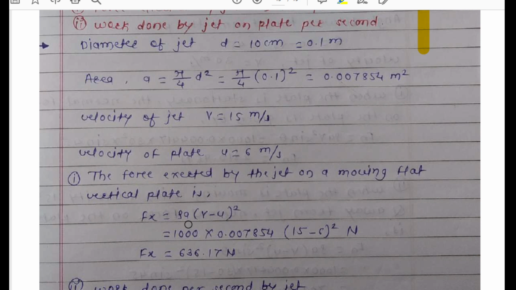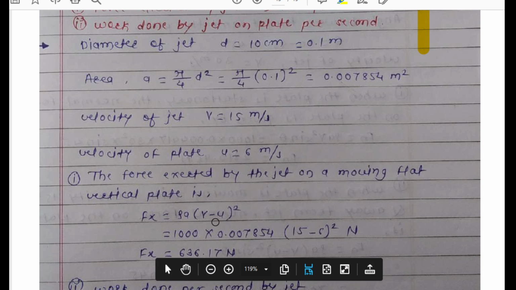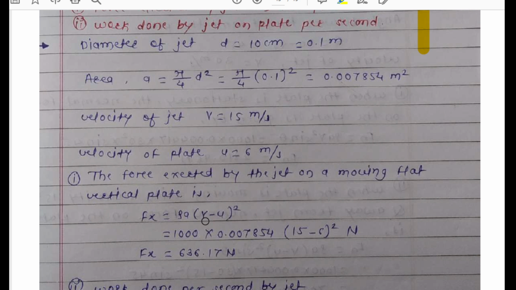If the plate is not moving, then the formula is rho a v square only. Here the plate is moving, so the velocity is the relative velocity, v minus u.